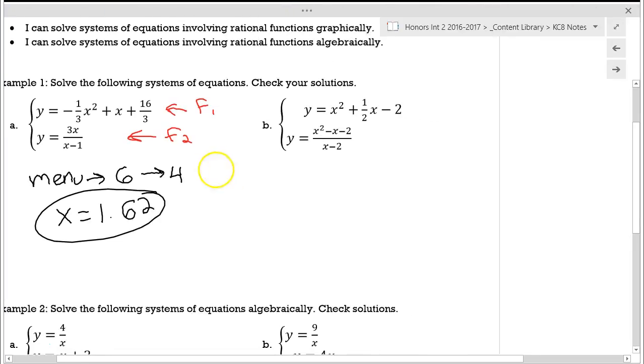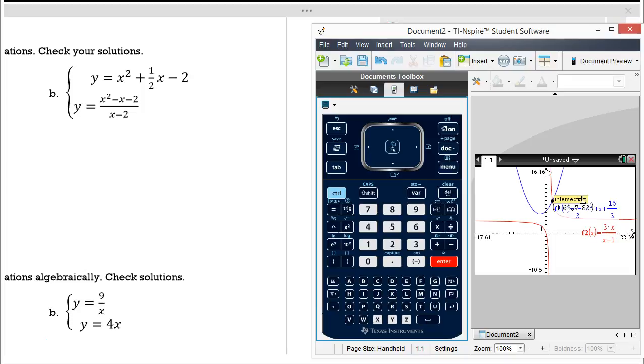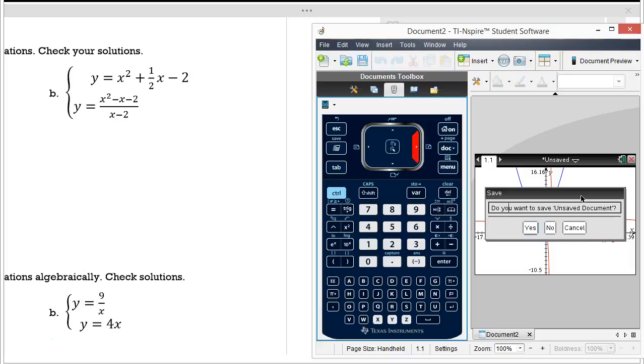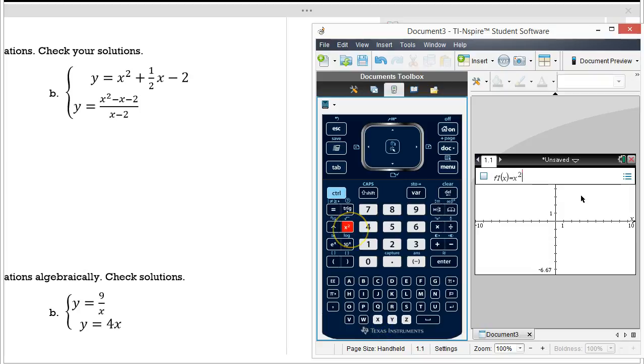Let's look at our second problem. I'm going to pull it over so I can keep my graph where it is. Again, I'm going to open a new document and add a graph. So I have x squared plus 1/2 x, and make sure the x is outside the 1/2 x, and then minus 2.